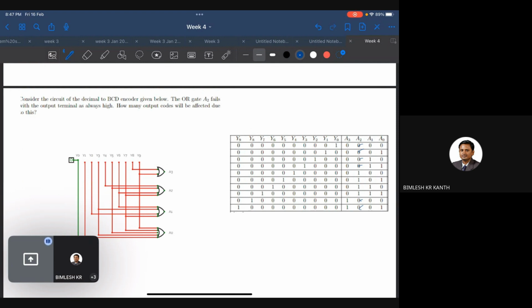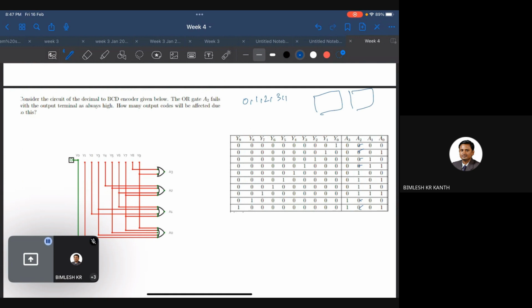So I think we got it. Now, how many output codes means what? So 6 rows of the truth table will be affected. Yes, correct. Now, what is the meaning of this? Suppose you want to design the BCD encoder, right? BCD encoder will encode 0, 1, 2, 3, 4, 5 into BCD.